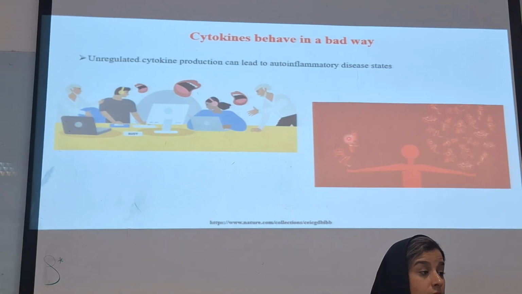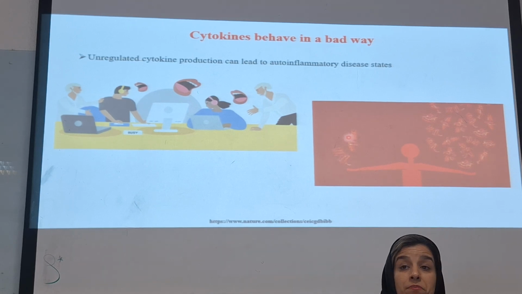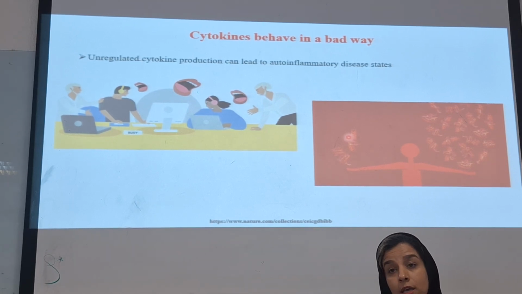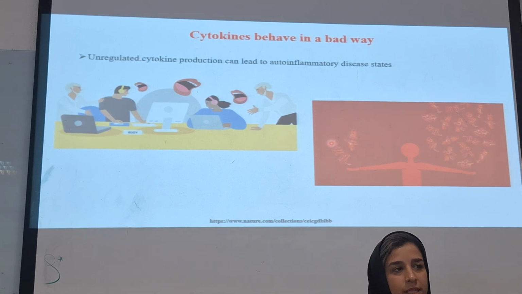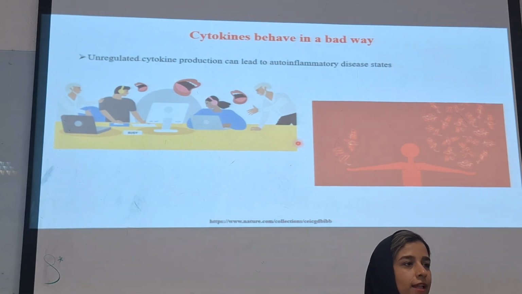But sometimes cytokines behave in a bad way. For example, imagine you are in a meeting, and there is a person who is so talkative, talking about everything, giving comments about everything.